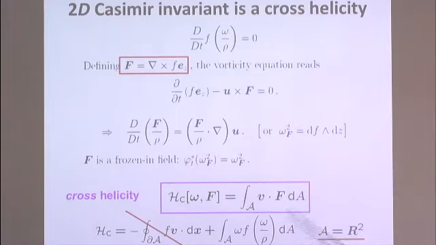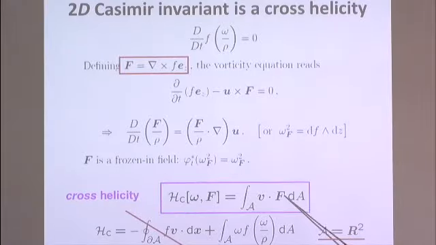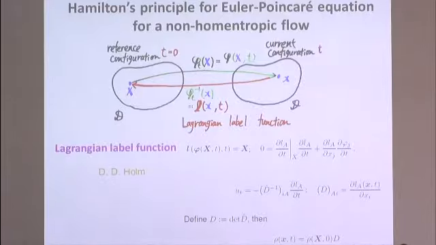Neta says the vector potential of a frozen field and any other frozen field, this scalar product, if integrated, is a topological invariant. If you introduce this here, because this is a frozen field, and just integrate by parts, then except for the boundary term, this cross helicity becomes the two-dimensional Casimir. So let's repeat this for the baroclinic case.